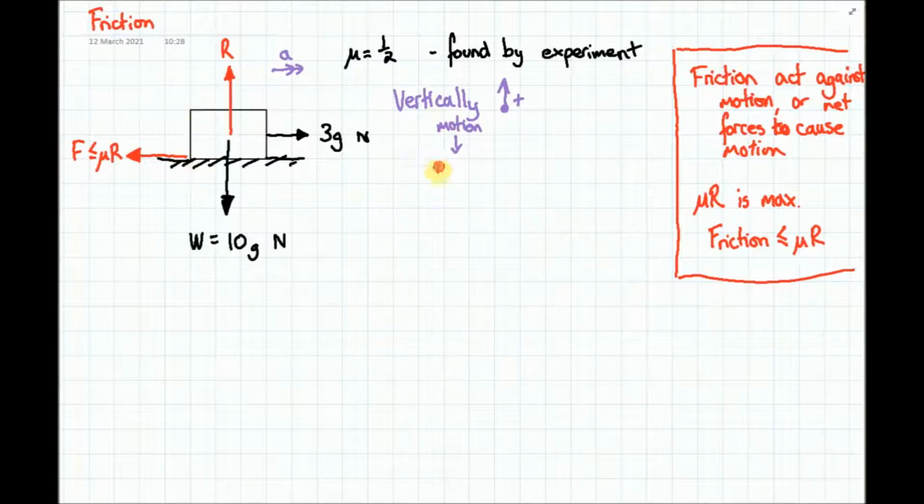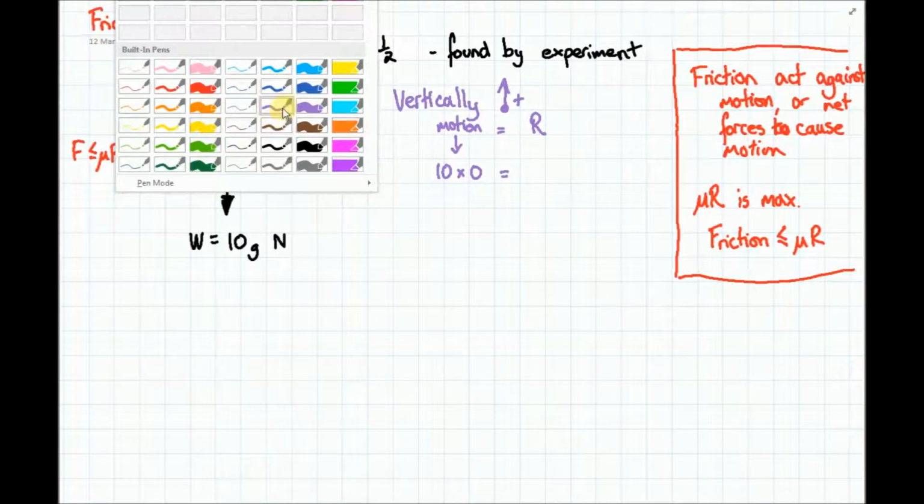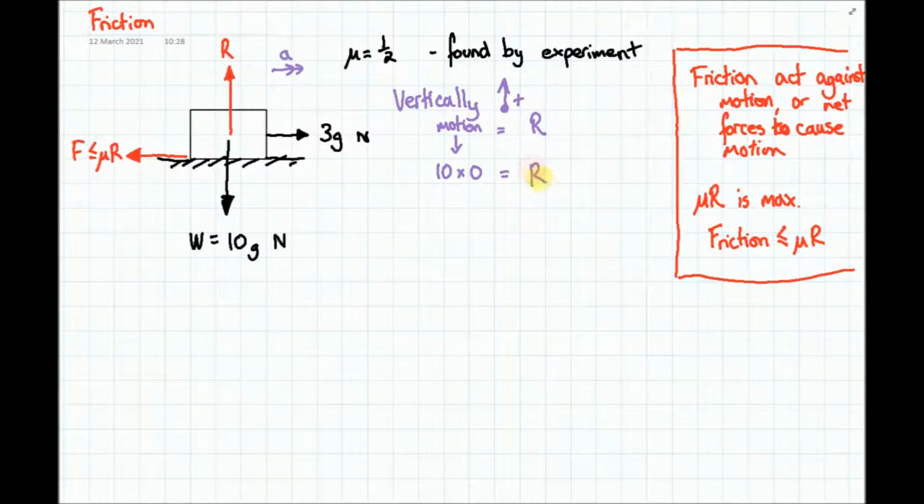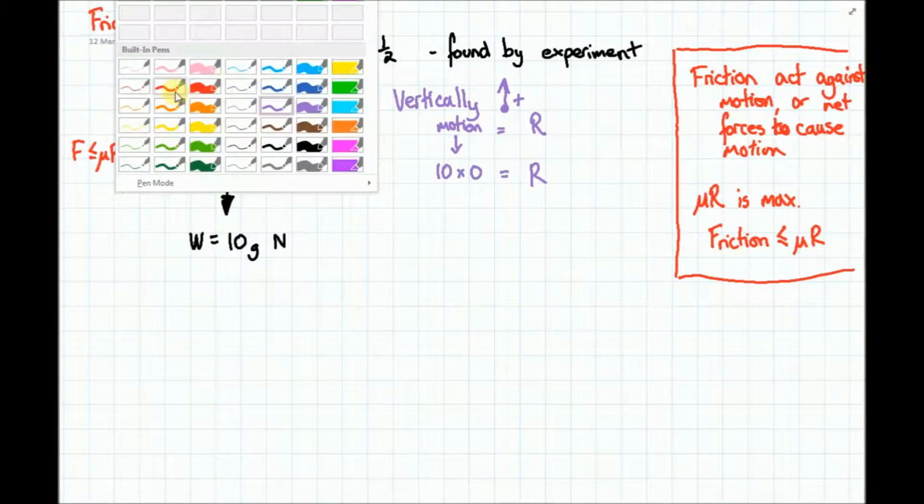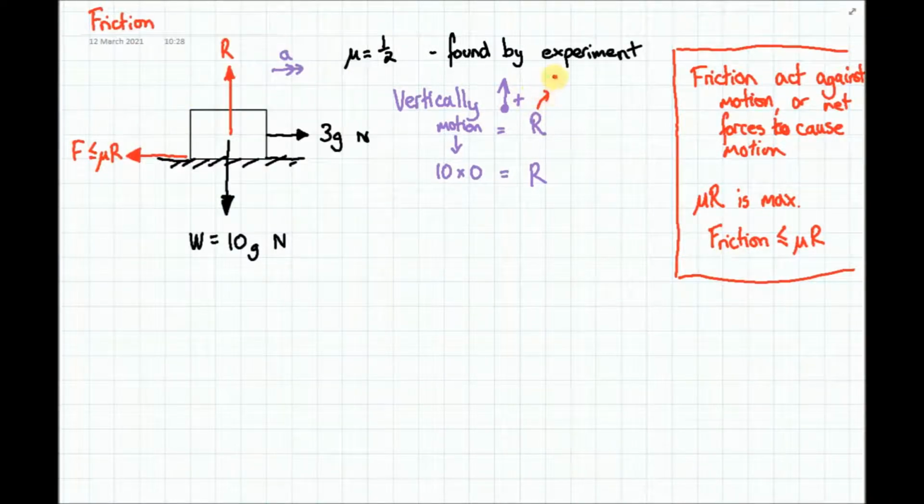So our mass, the 10, is times by 0. Acting in the positive direction, we've got the force of the table upon the block, which is the reaction force. That's our table on block, the reaction of the surface on block or particle.